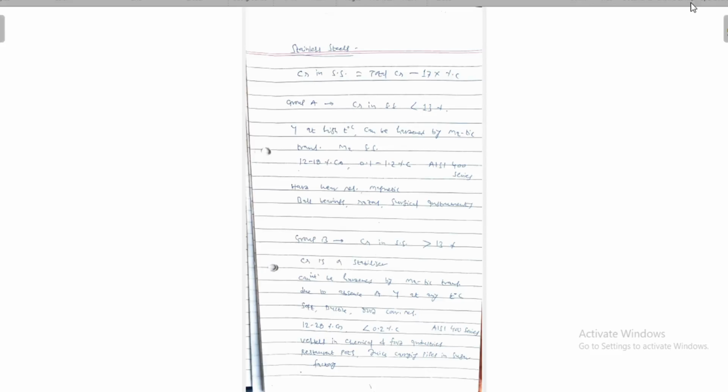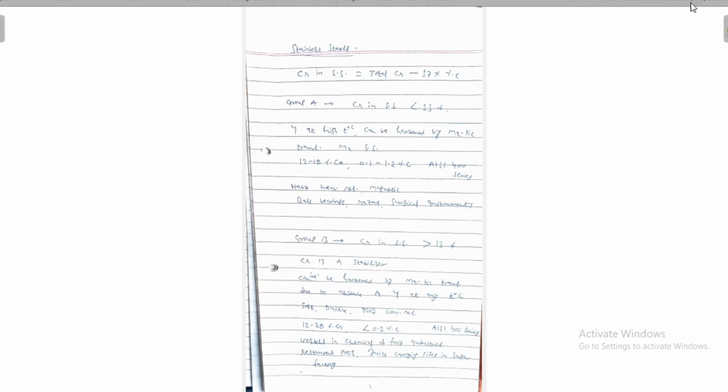Group A will have chromium in stainless steel less than 13%. Austenite at high temperature, gamma or austenite, can be hardened by multicyclic transformation.